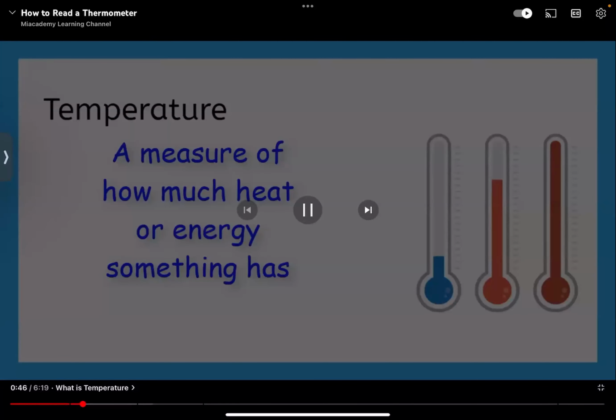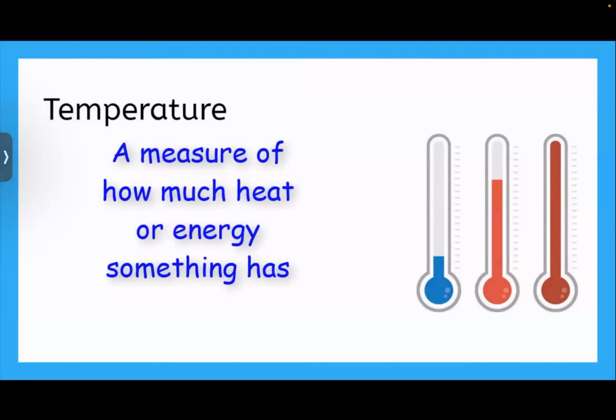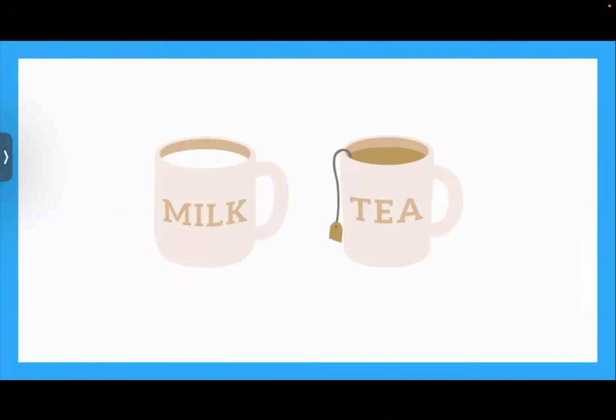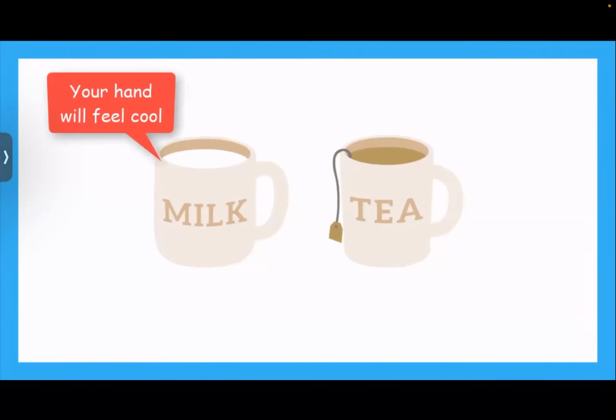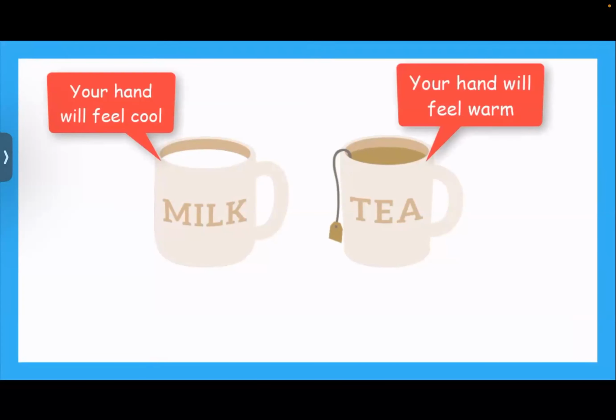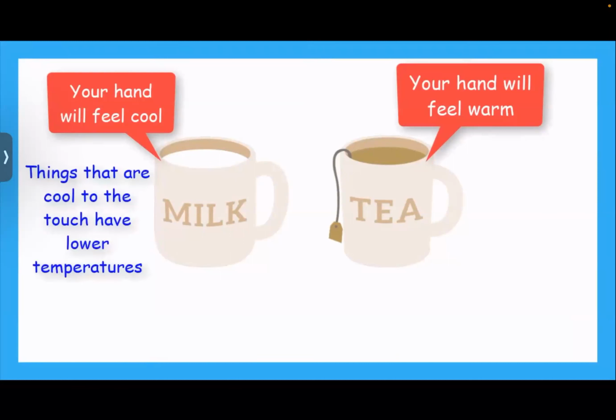There are a lot of tools that help us measure temperature, but a simple way is by using our senses. Now let's imagine you have a mug of cold milk and a mug of hot tea. If you wrap your hands around the mug of cold milk, your hand will feel cool. And if you wrap your hand around the mug of hot tea, your hand will feel warm. Things that are cool to the touch have a lower temperature or less energy.